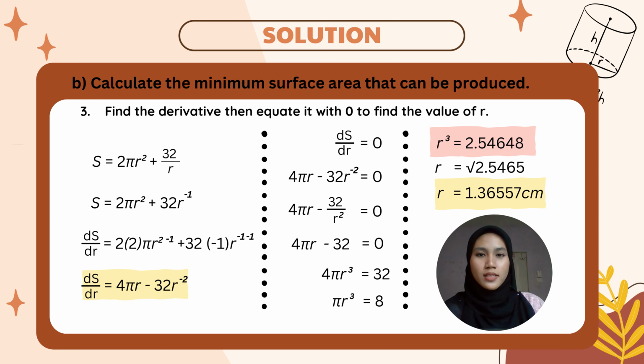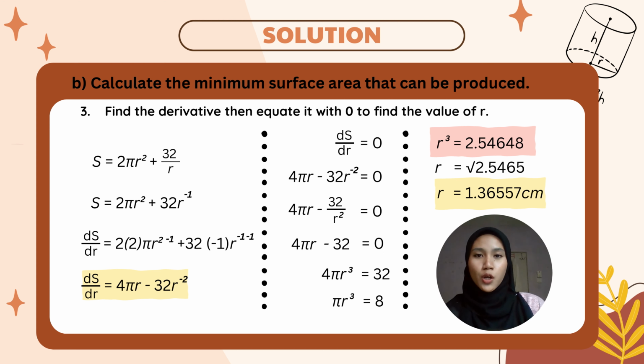Next, for question B, calculate the minimum surface area that can be produced. In this question, we want to find the minimum surface area of a cylinder with volume 16 cm3. Based on the previous question, we have expressed the total surface area as S equals 2 pi r squared plus 32 over r. To find the minimum value of S, we take the derivative of S with respect to r.